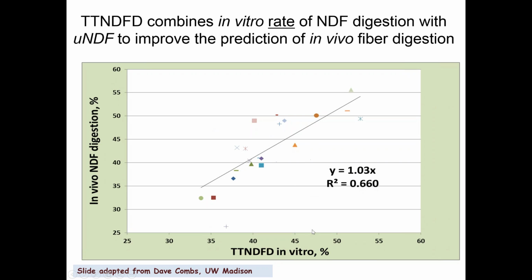The other thing is a very close relationship numerically between in vitro and in vivo. So 45% in vitro hits pretty closely to 45% in vivo, which is in the realm of what we actually see in high-producing dairy cattle.